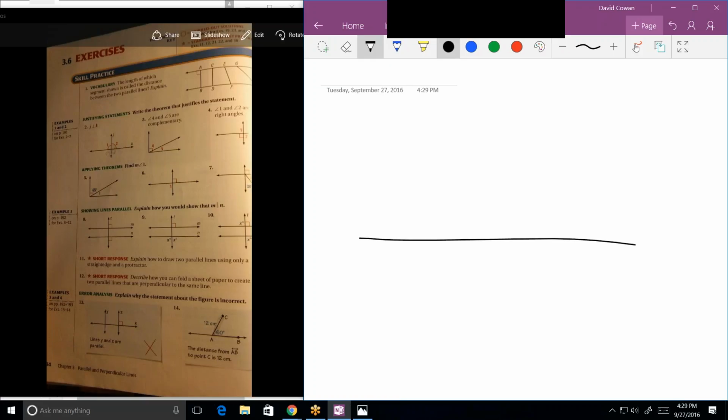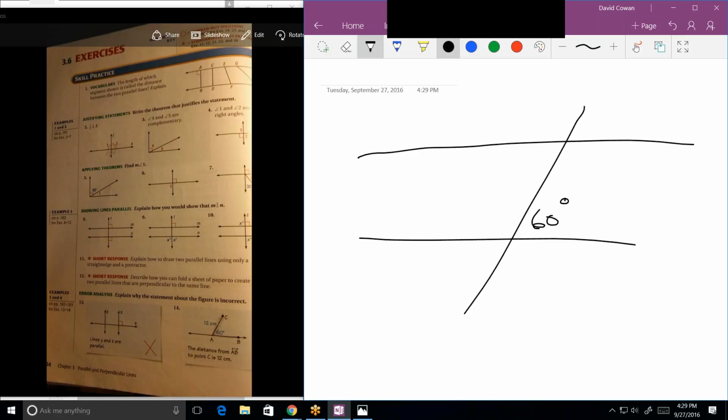You can draw that straight line. And using your protractor, you could make, let's say, a 60-degree angle, right? Sure. Now draw another line up here that makes that same 60-degree angle using your protractor.